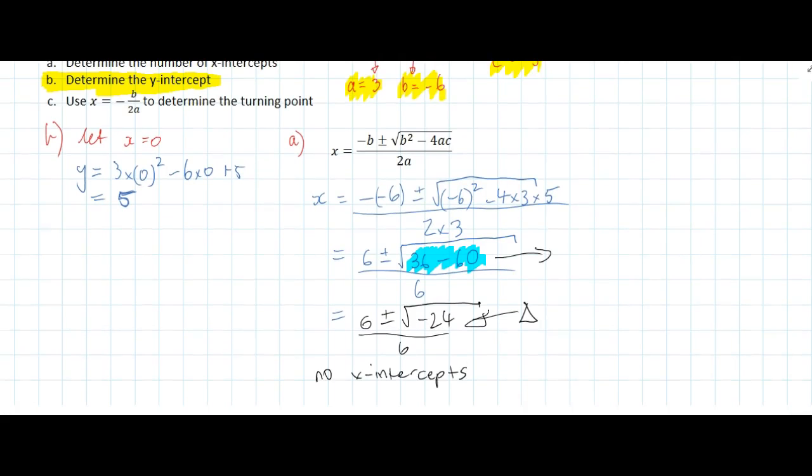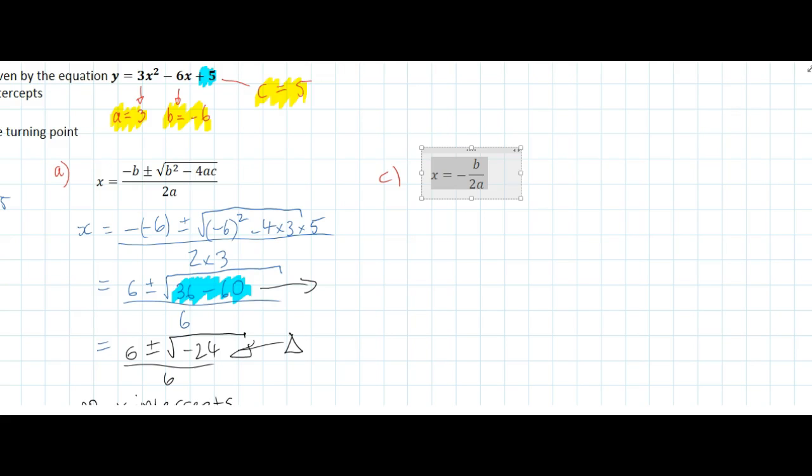Okay, the final thing here is the turning point. So we've got this little formula here, which will give us our axis of symmetry. So let's substitute that in now. x equals negative b, which is negative 6, over 2 times a, which is 3.